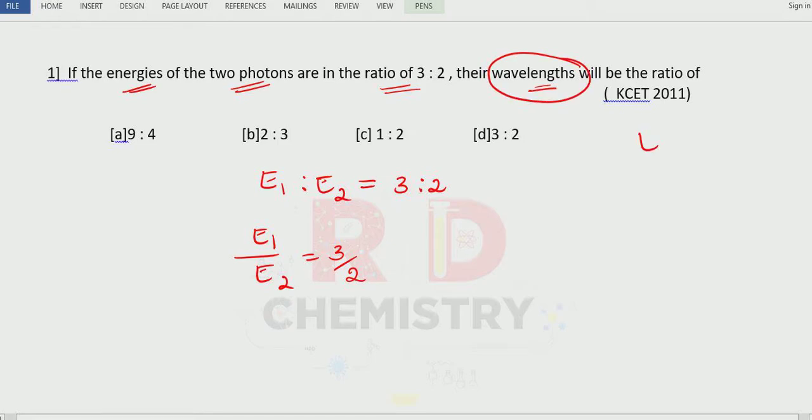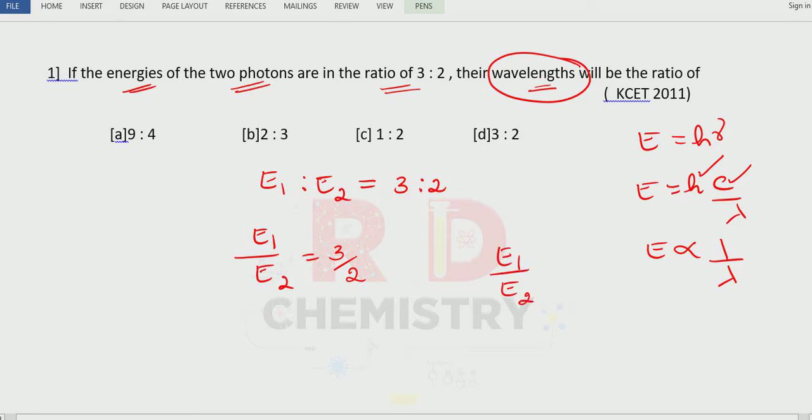You have E is equal to h nu, which can be written as h c divided by lambda. h is Planck's constant, c is the velocity of light, both are constant. So I can write E is inversely proportional to the wavelength lambda.